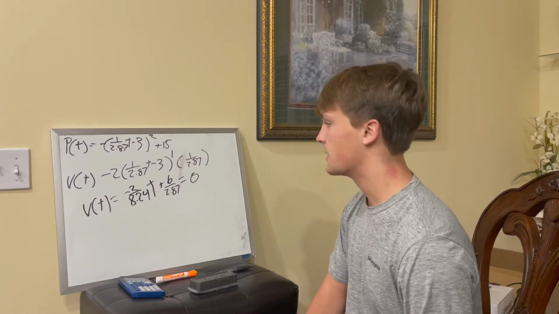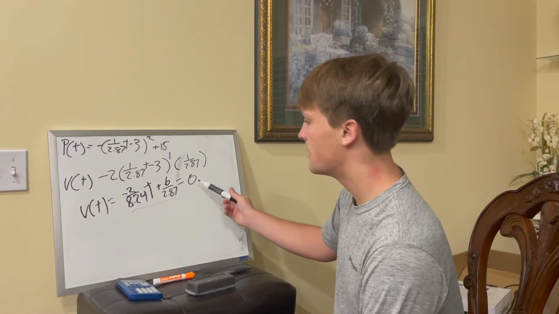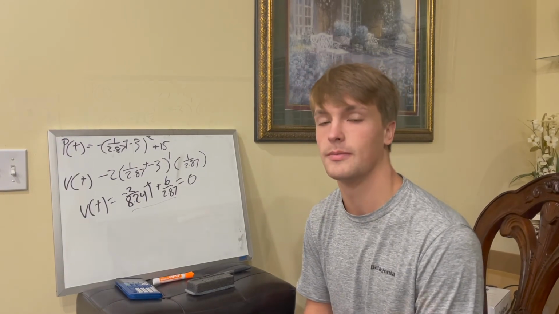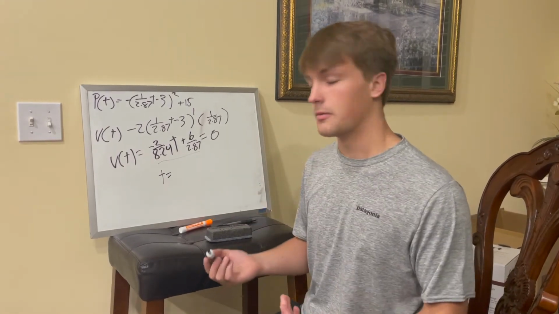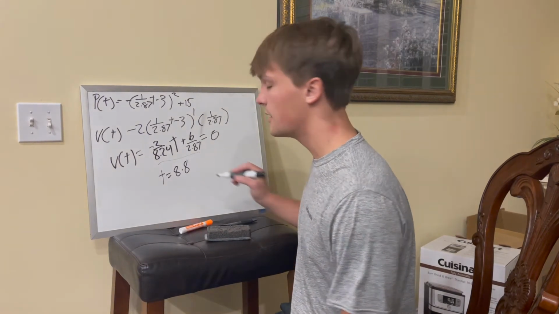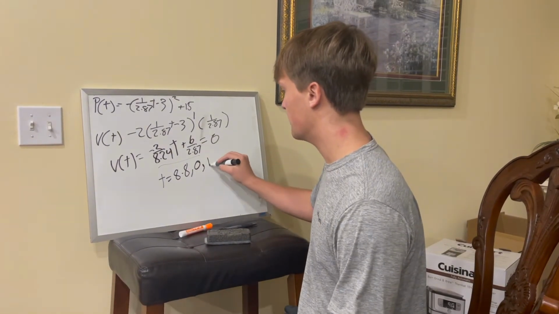After some quick simplifying, we have ended up with this equation. And now we're going to set it equal to 0 and solve for t to find our values. After we've solved it for t, we found that t is equal to 8.8. But we can't forget our endpoints, which are also 0 and 15.